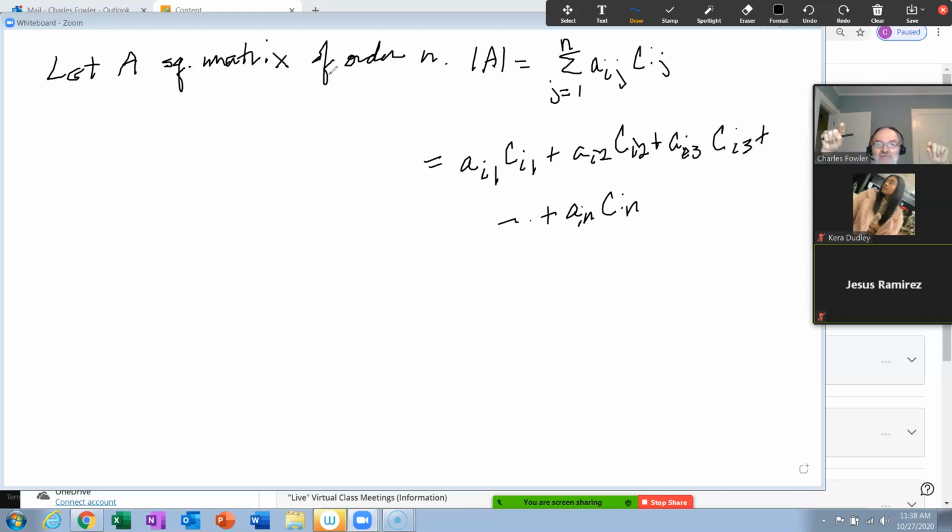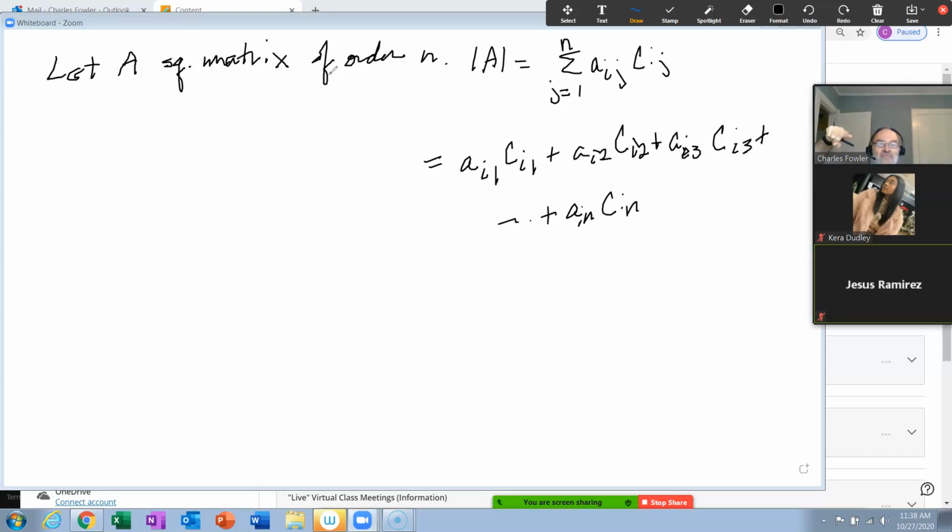Now, let's take the elements in the ith row: a_i1, a_i2, a_i3, a_i4, a_i5, a_i6, all the way up to a_in. You take those entries and multiply them by the cofactor of that entry.